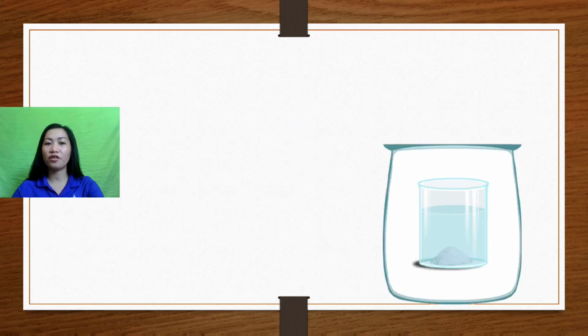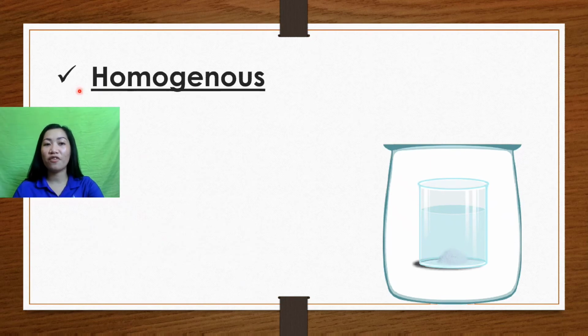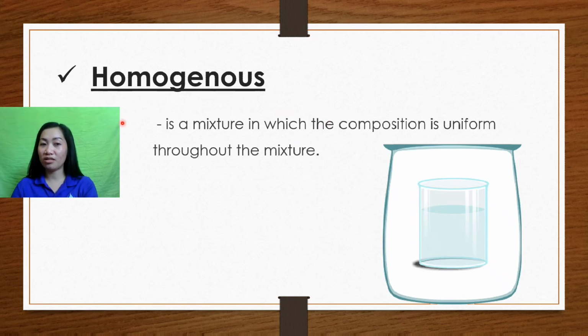There are two main categories of mixtures. The first mixture that we have here is what we call the homogeneous mixture. A homogeneous mixture is a mixture in which the composition is uniform throughout. For example, water plus salt.